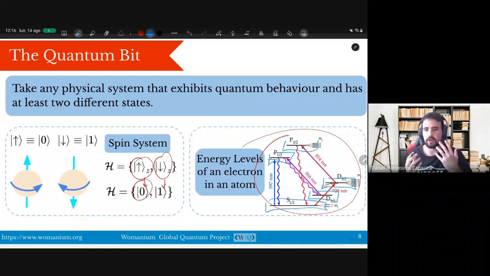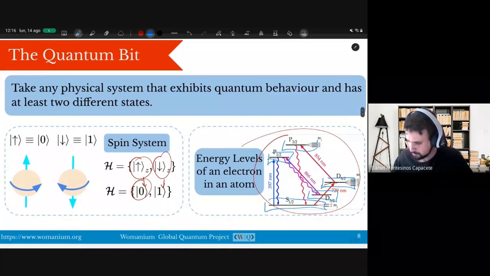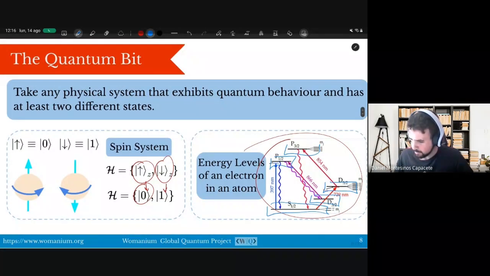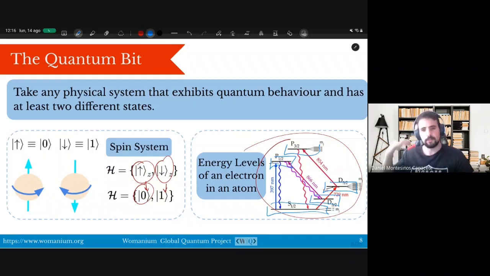But anyway, you can try it if you have a quantum system with more than two levels. When I say levels, I mean also quantum states, right? When we talk about energy levels in an atom, each energy level represents a quantum state of the system. I hope that's clear enough. Sorry if sometimes I don't explain everything. But if you have more than two levels, you can choose.